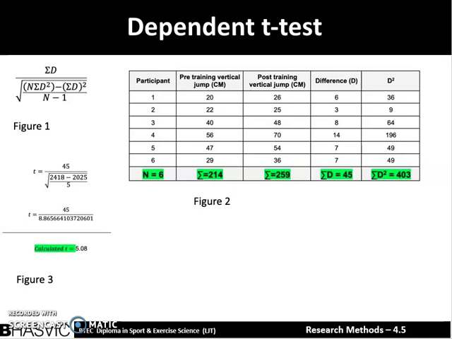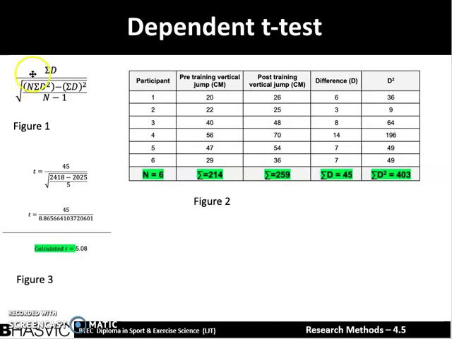Now the dependent t-test. Figure 1 shows the equation for the dependent t-test. This is where there are two datasets that come from the same group but are pre-test and post-test. Figure 2 shows the results table that is collected from standing vertical jump, and Figure 3 shows how the data was substituted into the equation from Figure 1.